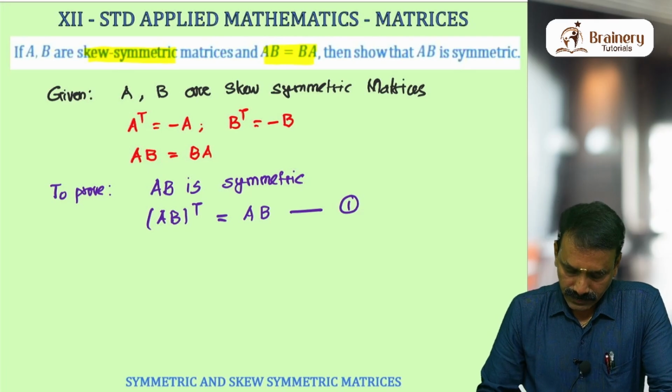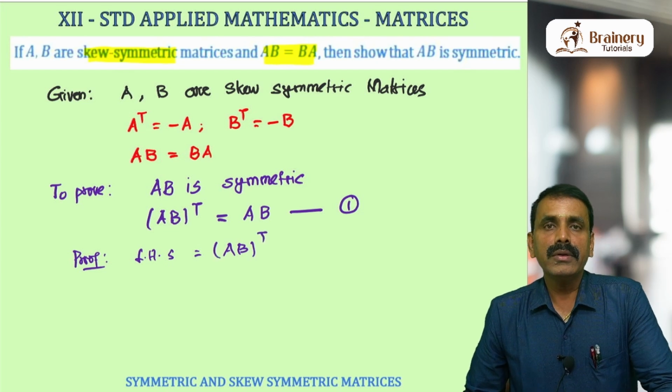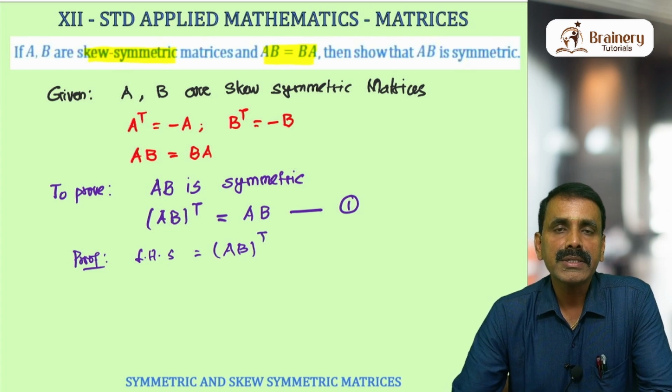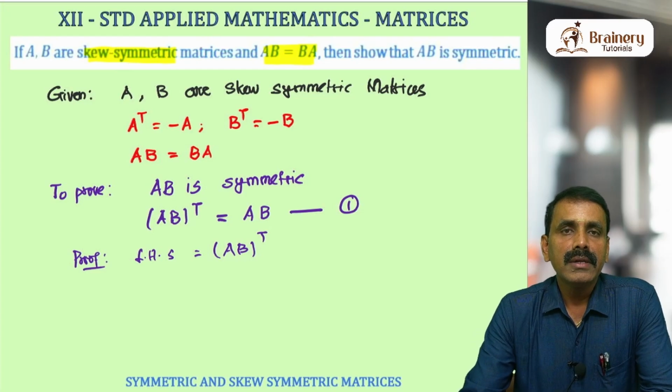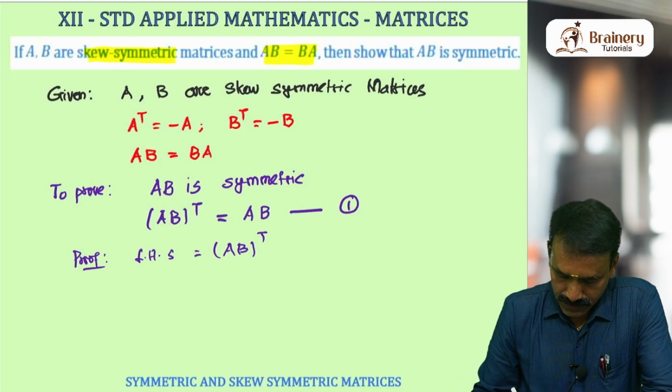So we start with the LHS. What is your LHS? AB whole transpose. Again, use the concept of transpose of a matrix. We have already studied, correct? Transpose of the product is equal to the product of the transposes taken in reverse order. Or in simple words, AB whole transpose is equal to B transpose A transpose.